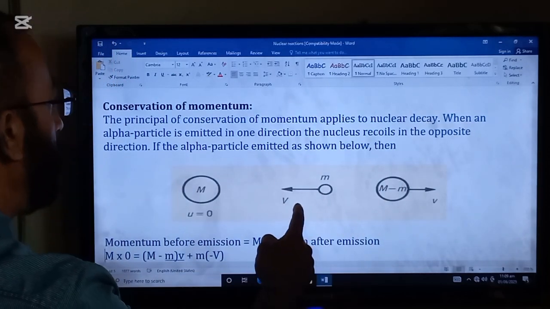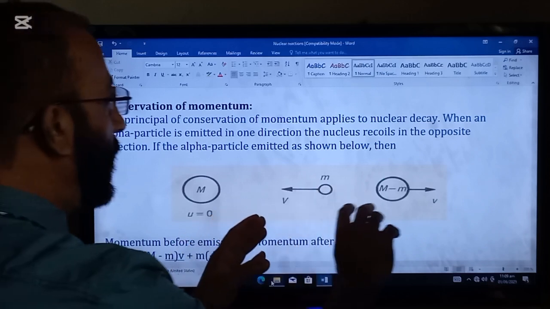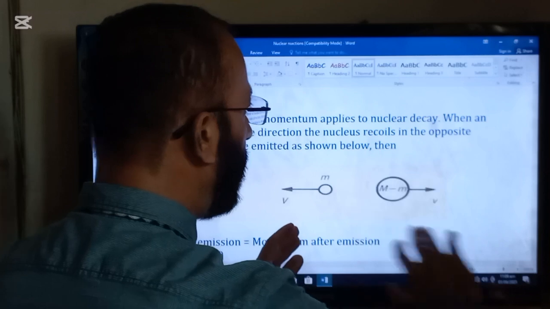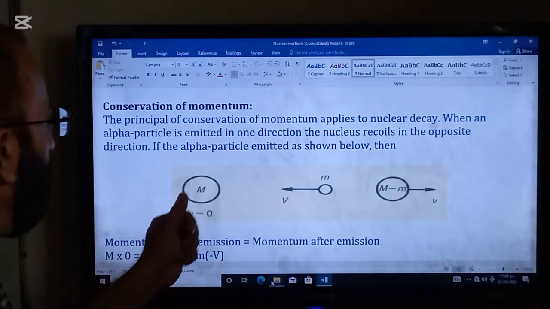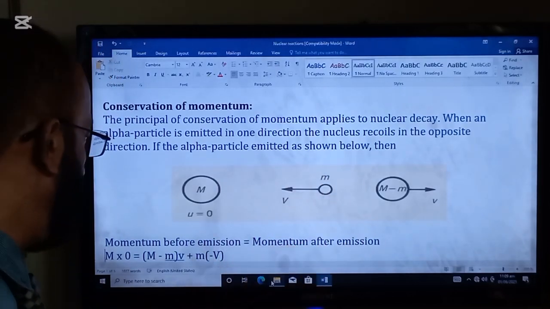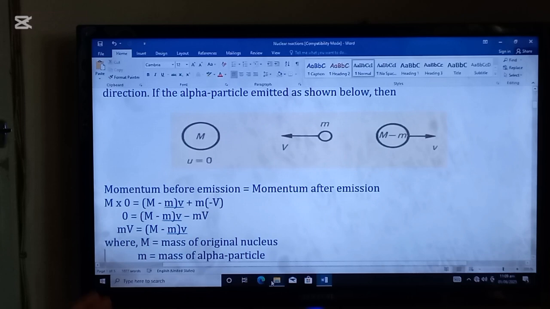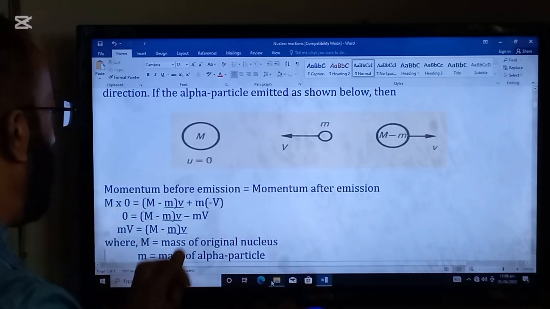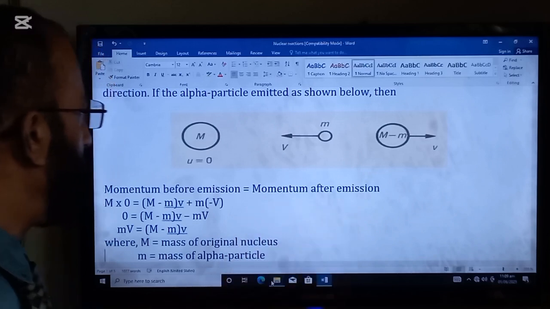So, this is the alpha particle which is emitting in one direction, and this is the nucleus recoiling in the opposite direction. If the alpha particle is emitted as shown below, so this will be the figure. The law of the conservation of the momentum applies to it. Momentum before emission should be equal to momentum after emission.